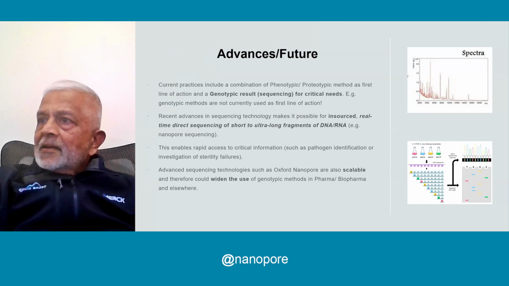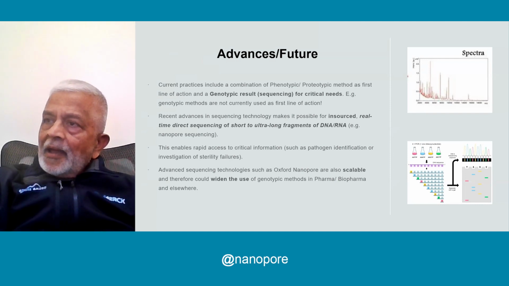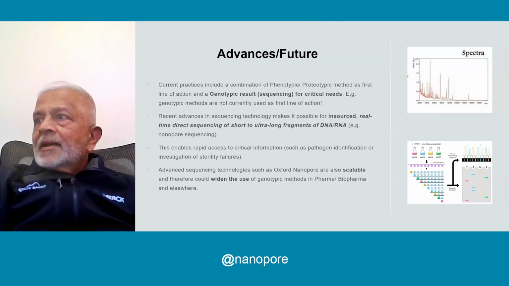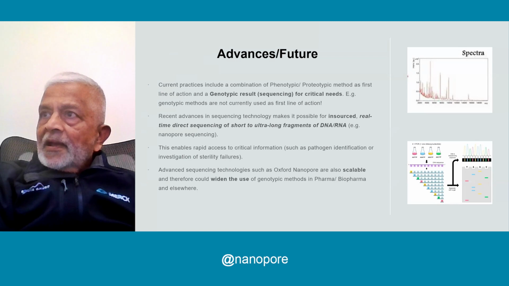And here again, I want to point out the use of Oxford nanopore sequencing, which is particularly going to be helpful for pathogen identification or investigations in case of sterility test failures.